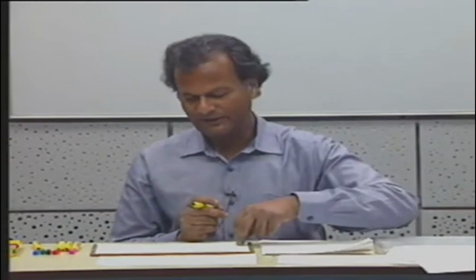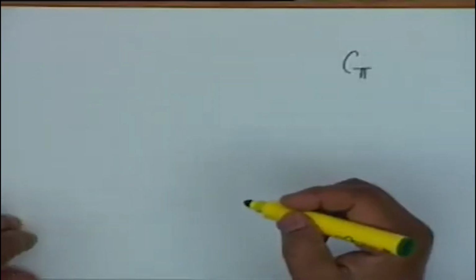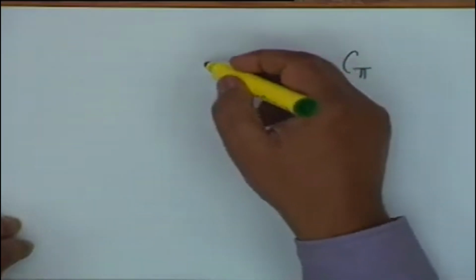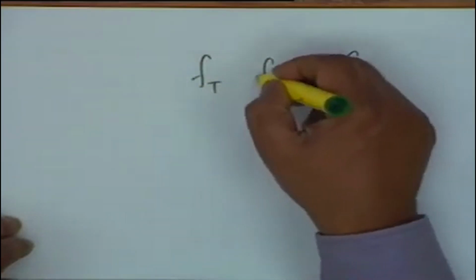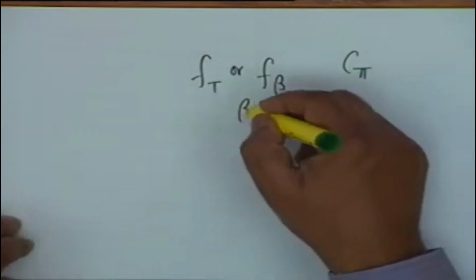As an example of this, suppose the manufacturer specifies this in a clever way. He doesn't give the value of C pi. What he does is he gives either the value of f_t or the value of f_beta, one of them, and also beta 0.